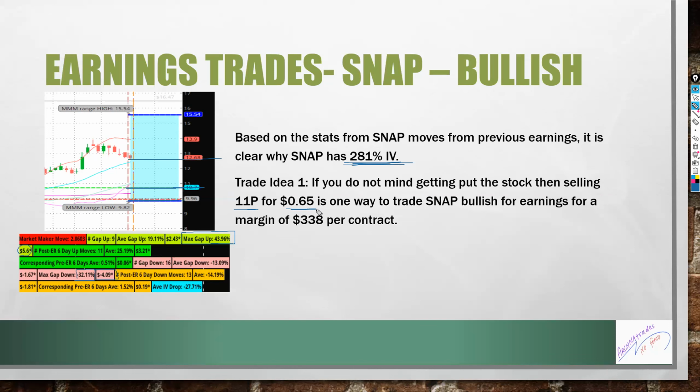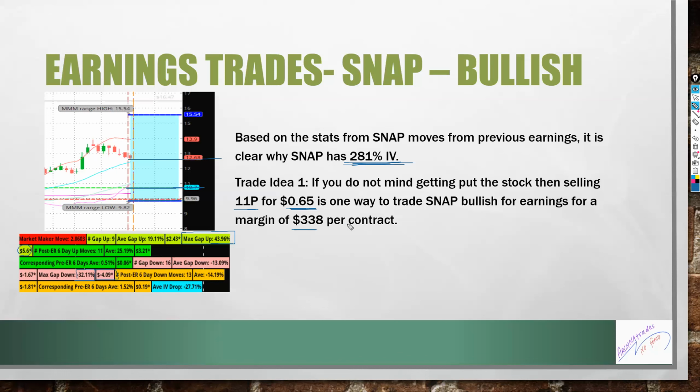If you are bullish on Snap earnings and do not mind getting put the stock, which means that if Snap is below $11 and you get put the stock, you do not mind owning it, then one strategy could be you sell 11 puts and get 65 cents credit for it. You would be putting up 338 margin per contract.